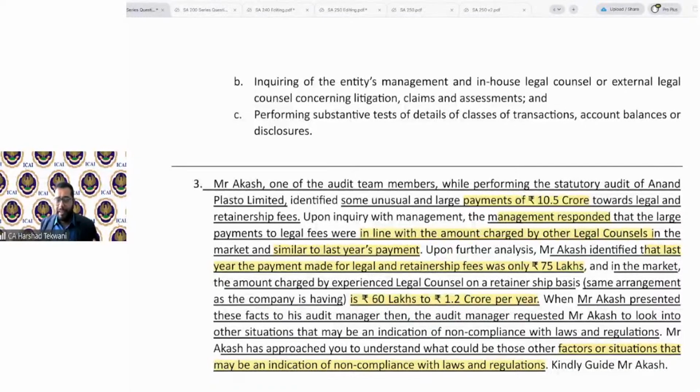For example, receiving notices from the department. You have received some inquiry notice from the department. As of now, there might not be much information available, but that could lead to a suspicion that there could be a non-compliance. In that way, what could be some other examples? Come on, guys.